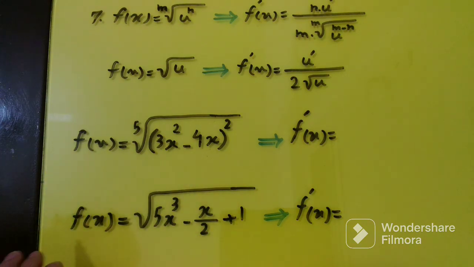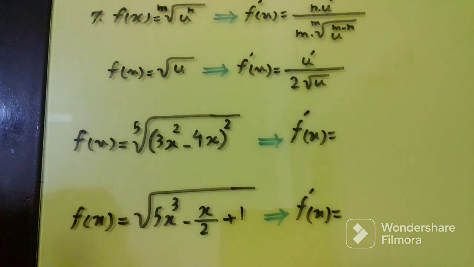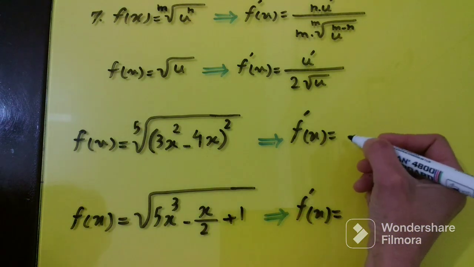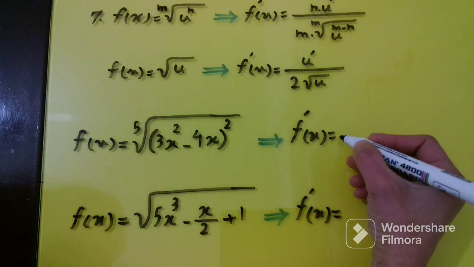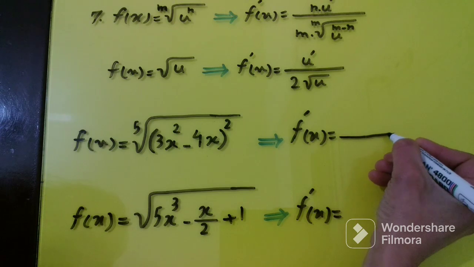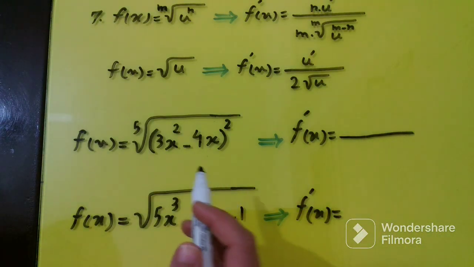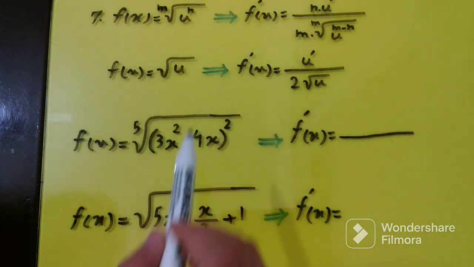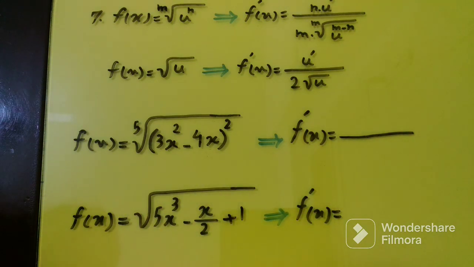In this example, according to this formula, for getting the derivative, first you should put n for up.